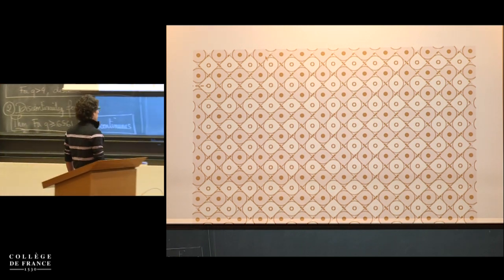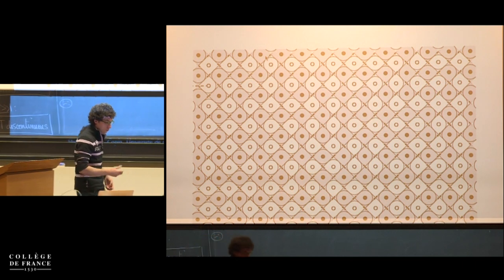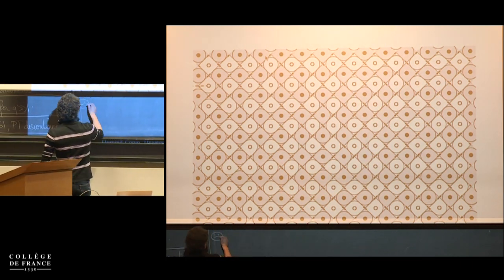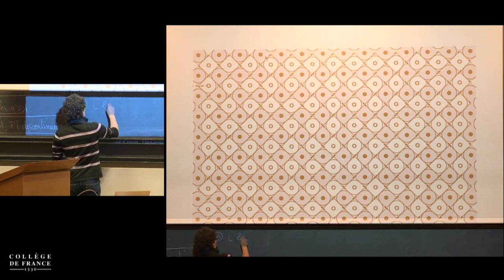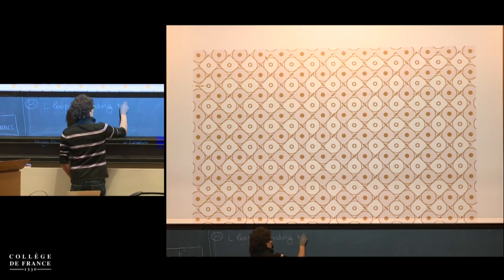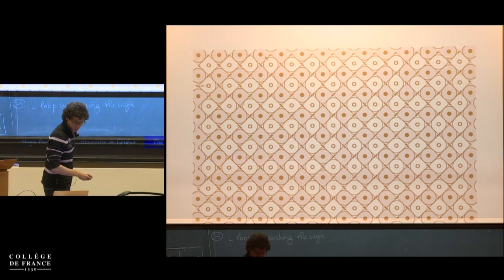So what I'm going to do, I'm going to work with the free boundary conditions. I'm going to take, say, a loop. So take L, a loop, surrounding the origin. So you fix a loop surrounding the origin.